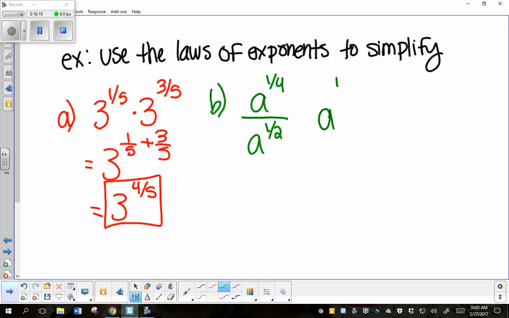Yeah, we subtract. A to the 1/4 minus 1/2. This one we should know in our head, I think. Who can tell me what 1/4 minus 1/2 is? Audrey? Negative 1/4. Good. So this is a to the negative 1/4. Now, can we write an answer with a negative exponent? No. So we need to move this to the bottom and have it be a to the positive 1/4.